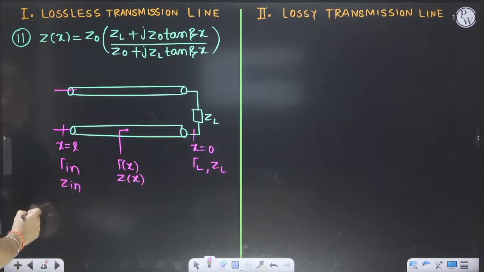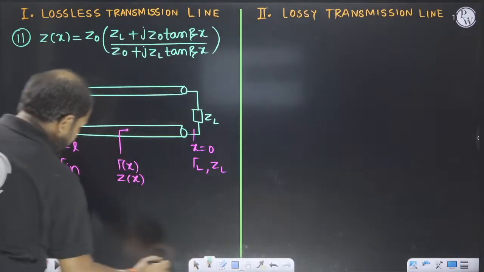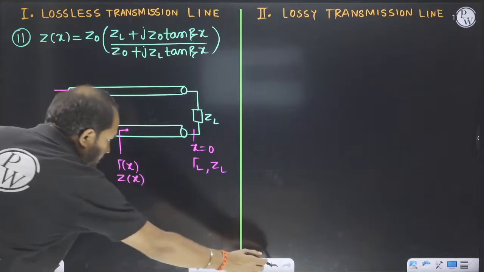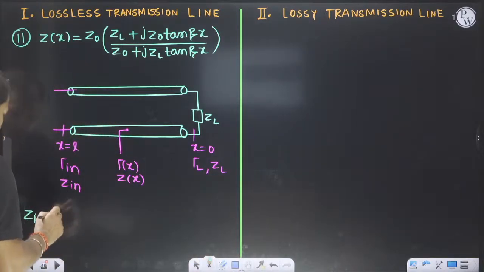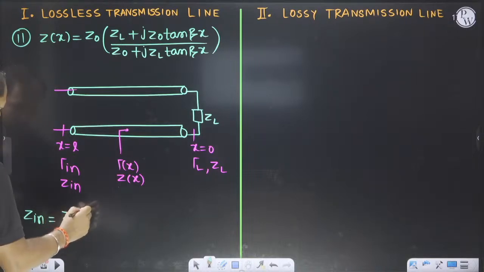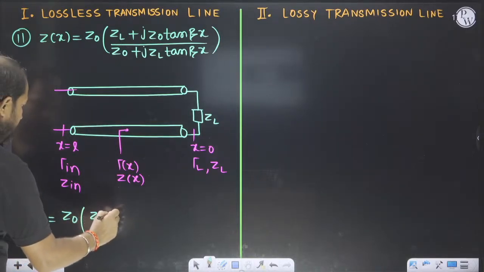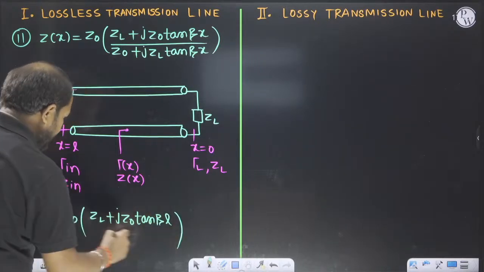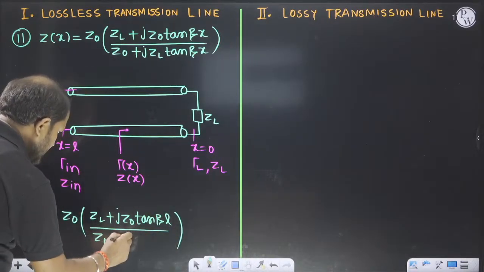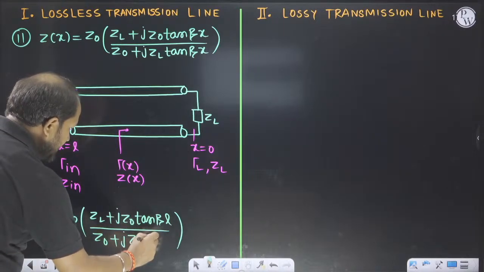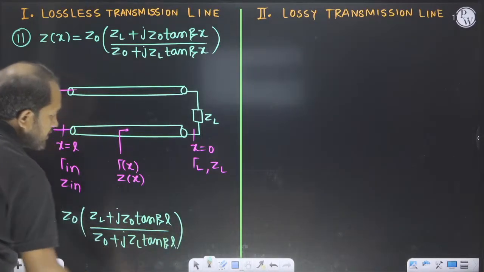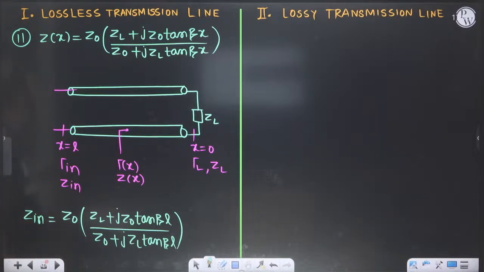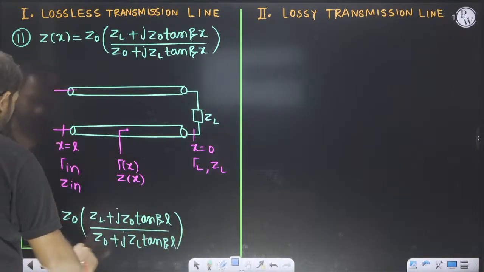So Zin will be equal to, putting x is equal to L, Z0 times (ZL plus jZ0 tan beta L) divided by (Z0 plus jZL tan beta L). So this is the formula for impedance. Input impedance formula we have derived.